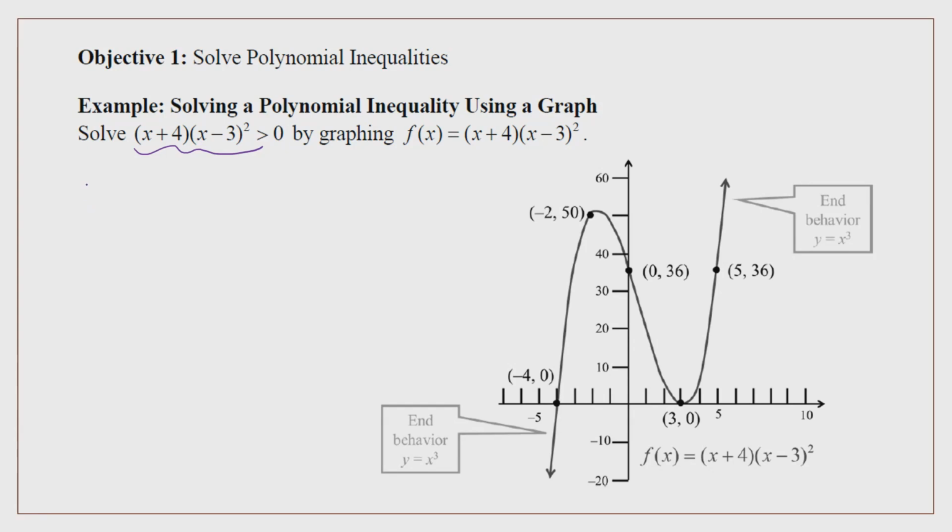So let me write this out. For number 1, in order to solve this, we want to graph f of x equals x plus 4 times x minus 3 squared.